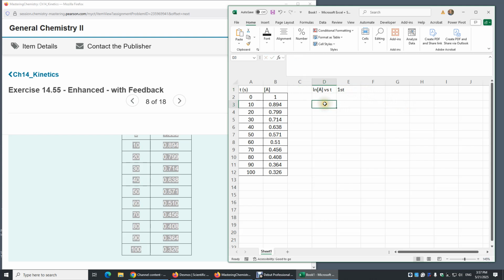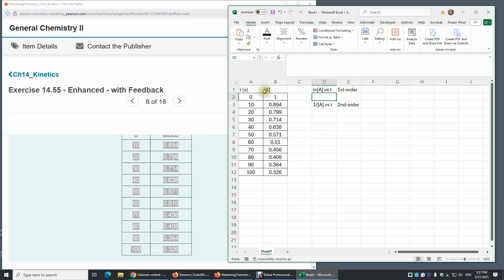If we plot 1 over A versus time and this is linear, we get second order. We'll make two graphs and see which one is more linear.